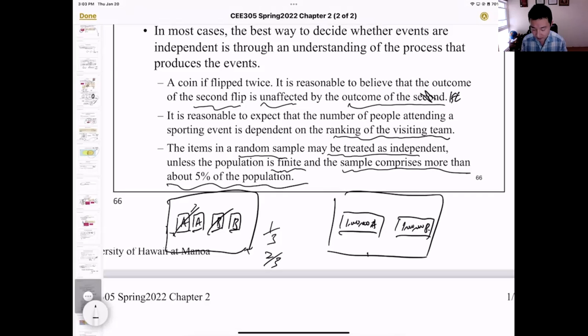But if we have more than enough population, so this is the 5% rule: if the sample size is more than 5% of the whole population, then the picks are dependent. If the population is large enough, then the first pick will be independent of the second pick.